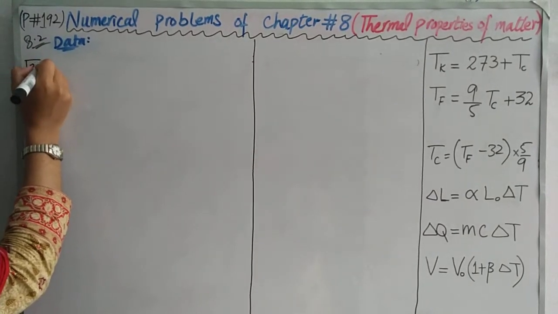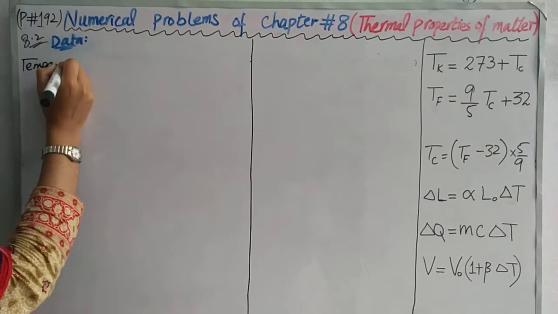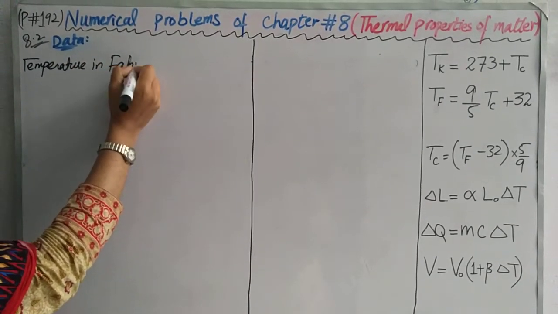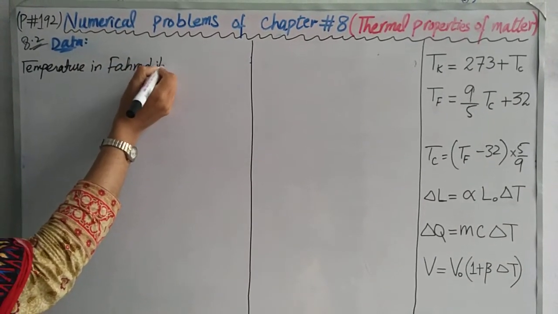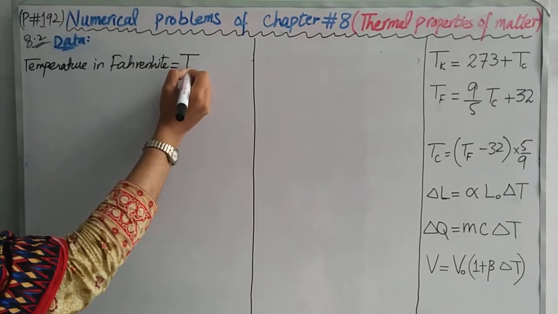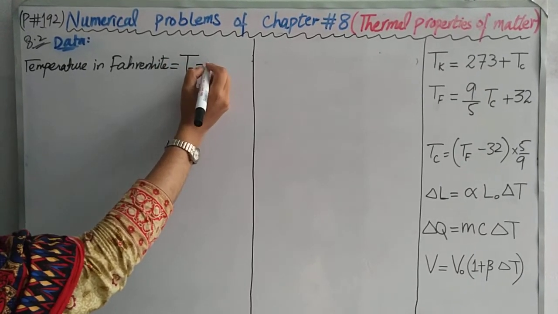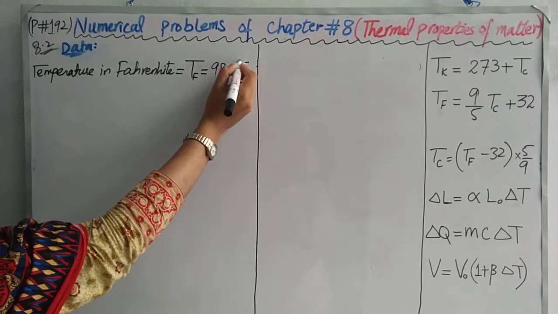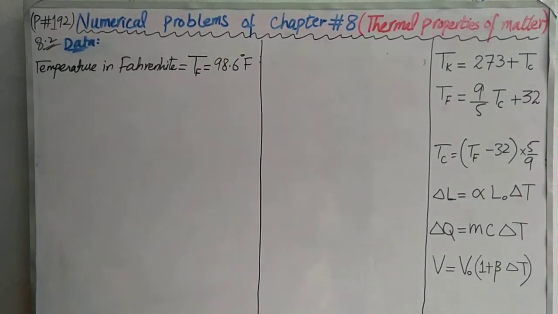Data, temperature in Fahrenheit represented by TF is equal to 98.6 degree Fahrenheit. What we have to find out?